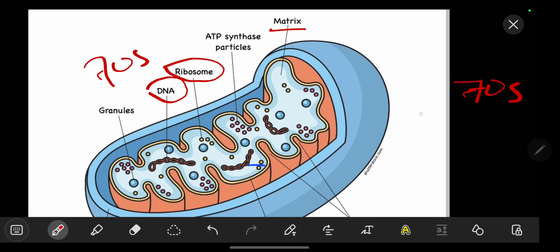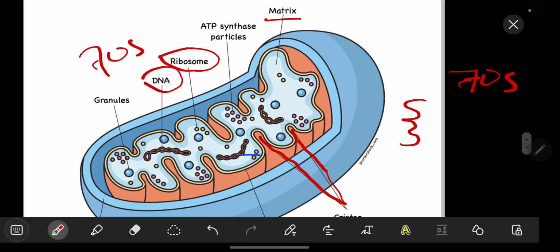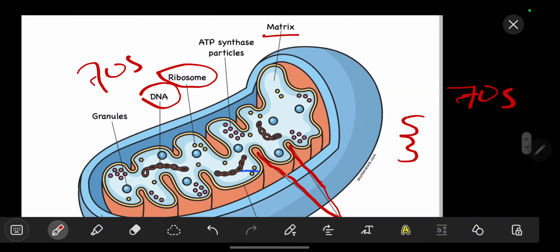Then we also have folds. The mitochondria has folds, which we are going to be calling our cristae. Where it's folded here, we are going to call them our cristae. Now, if you remember, the function of folds is simply to create more surface area for, number one, ATP production and enzyme action.